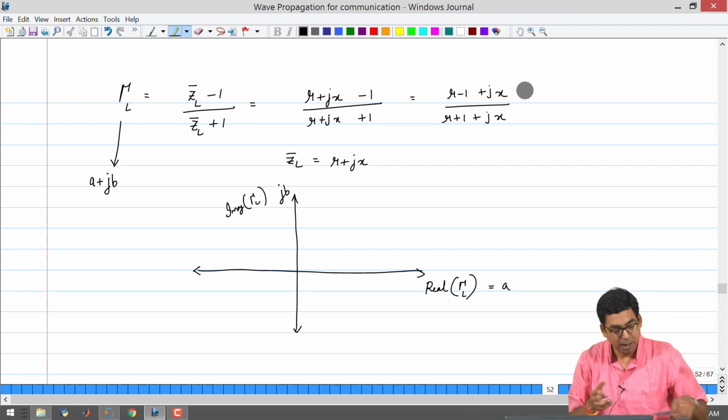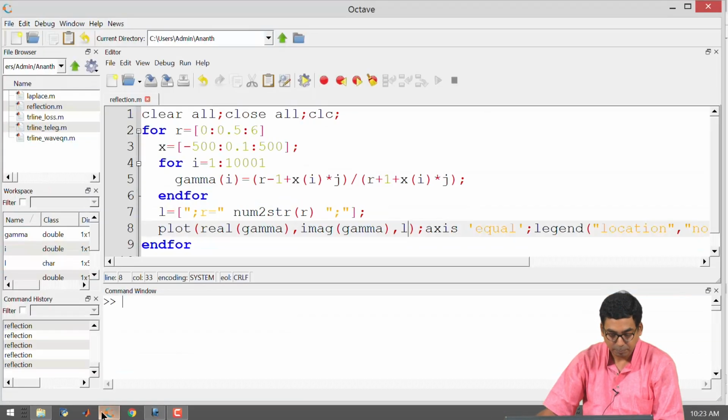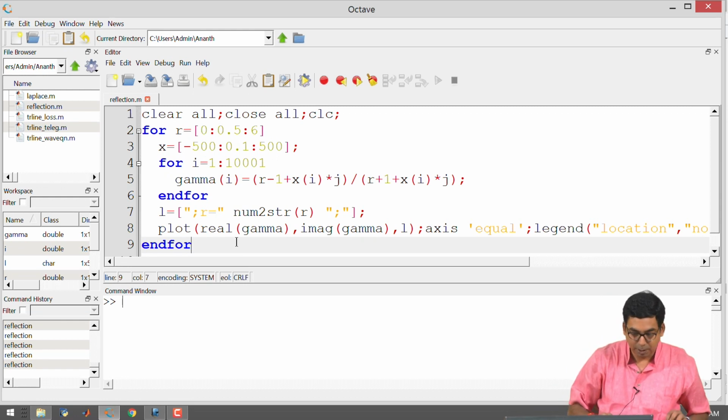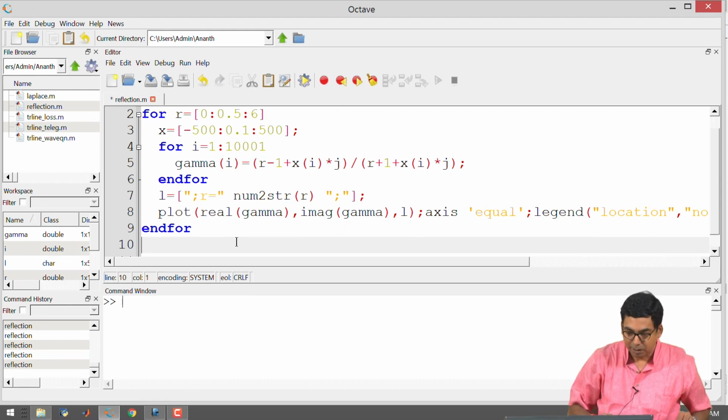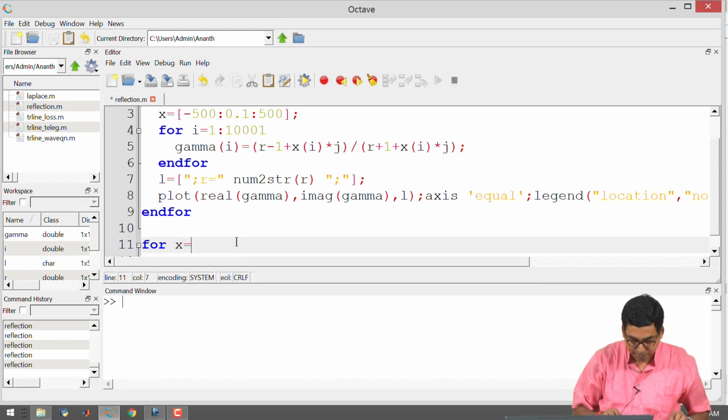Okay. Now, I would like to do a similar thing for the imaginary part. Right. So, I am going to go back to the program, right, and I am going to keep this a little clean. So, I am going to write another for loop. I am going to say for x going from say minus 2 to 2.